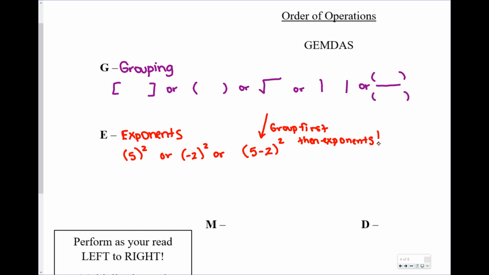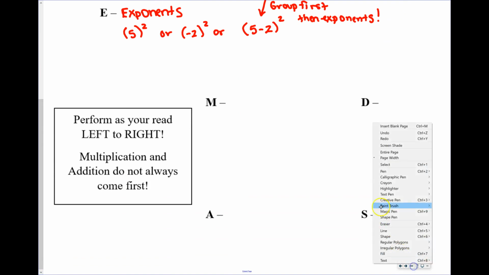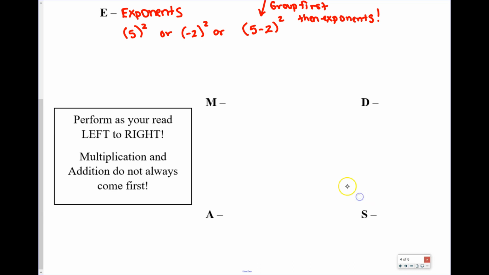Okay. Now, multiplication, division, addition, and subtraction, it's very critical that you understand that you do these things left to right. So multiply and divide, you don't do the multiplication first, and then the division second.